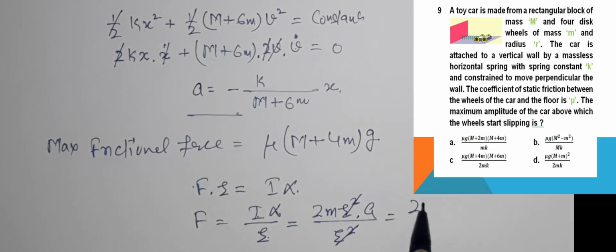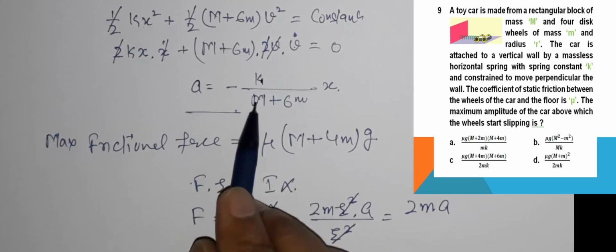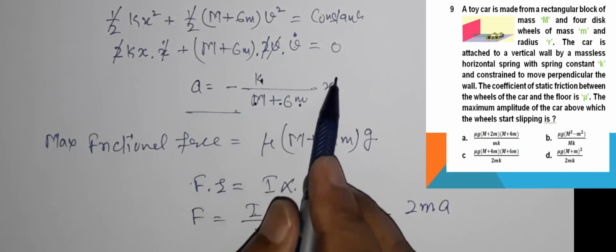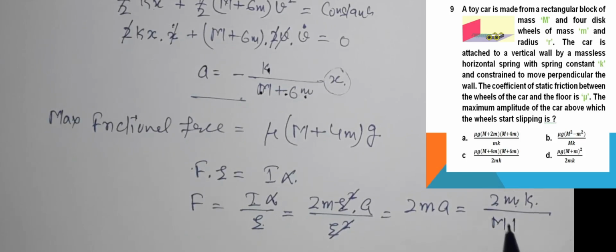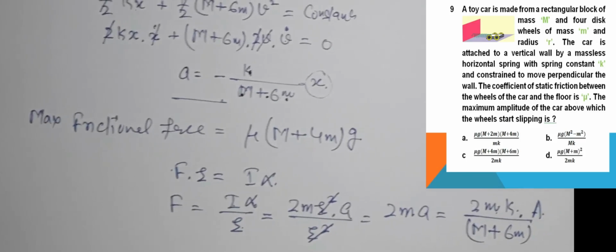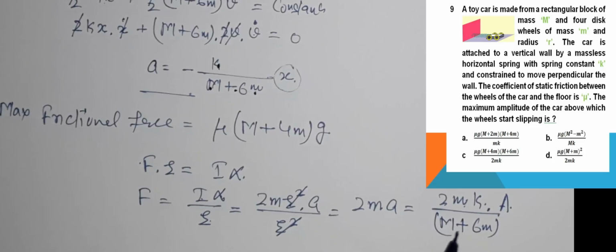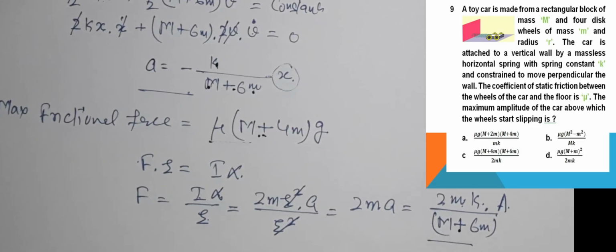that is 2m into acceleration. Acceleration is equal to k upon m plus 6m, and this is the maximum amplitude. So this will be equal to 2m k upon m plus 6m into maximum amplitude. So this F is equal to this.